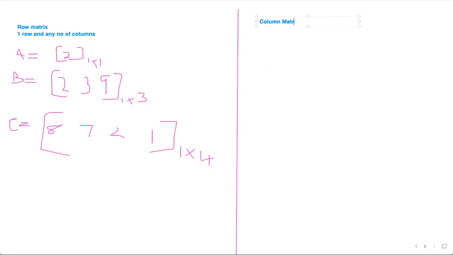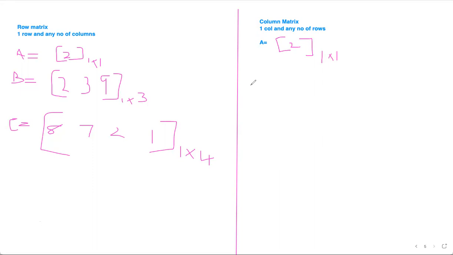Column matrix, right? One column and any number of rows. Class, any doubts here? A is equal to 2, correct? Order? 1 by 1.